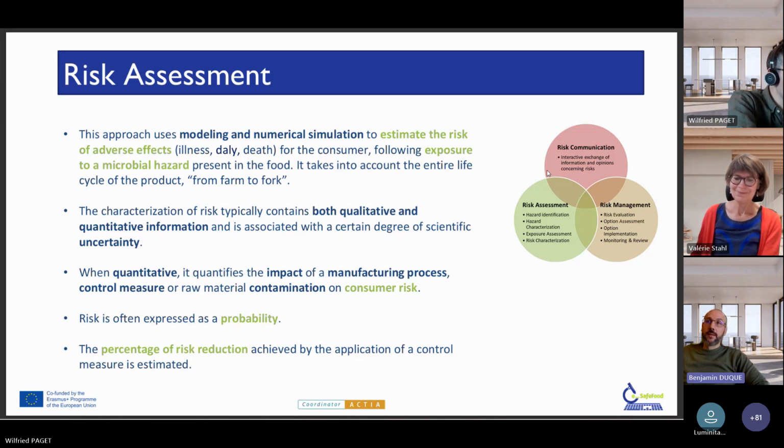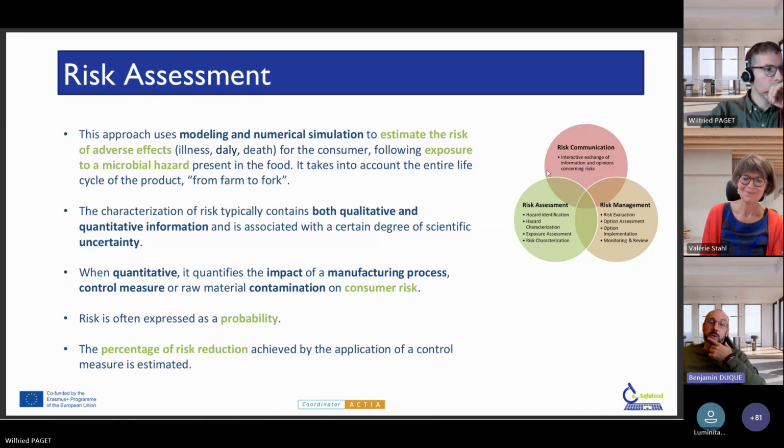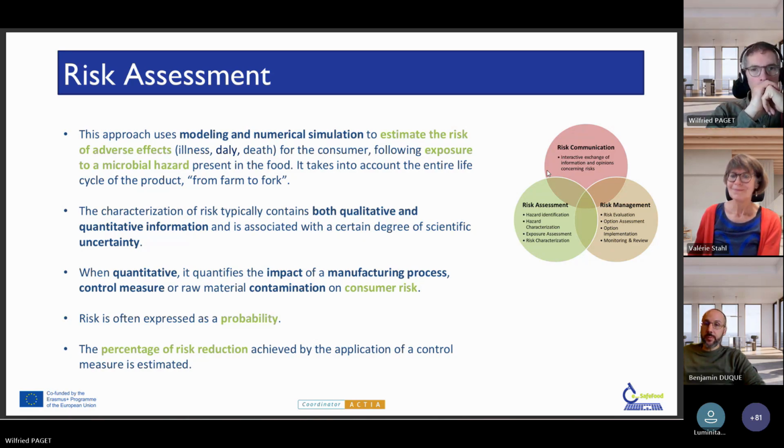And it takes into account the entire life cycle of a product, so from farm to fork, and the characterization of risk typically contains both qualitative and quantitative information, and is associated with a certain degree of scientific uncertainty. And basically, the uncertainty is represented by the confidence interval.